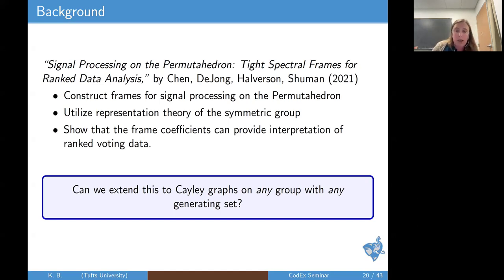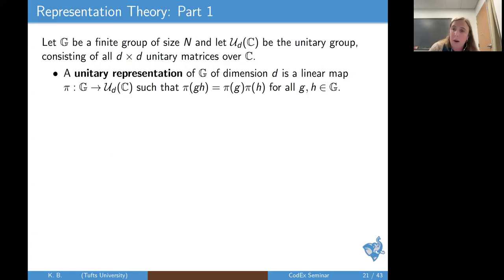In order to do that, we're going to look at representation theory of finite groups to capture that underlying group structure of the Cayley graph. If you are familiar with representation theory, in particular of finite groups, this part may be quite a review for you, but for those who are unfamiliar and need a refresher, we'll step through some of it with examples so that we're on the same page.